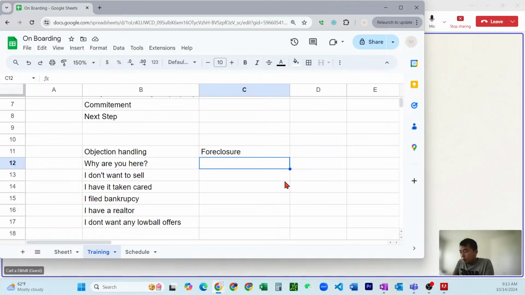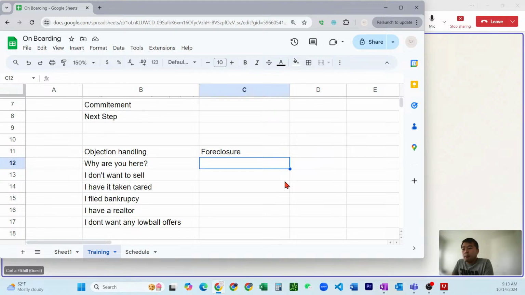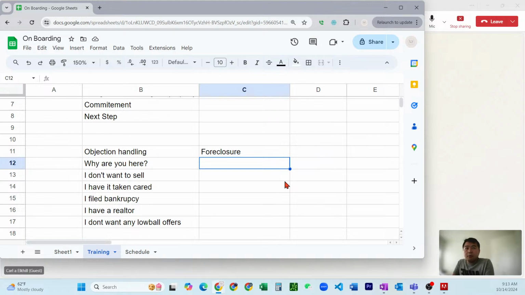What's an addendum? So what if we guarantee you just $5,000 to walk away rather than 15,000, knowing those judgments? We can guarantee you $5,000 to walk away.